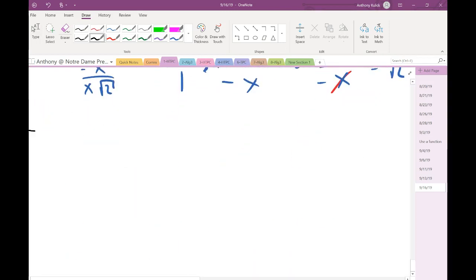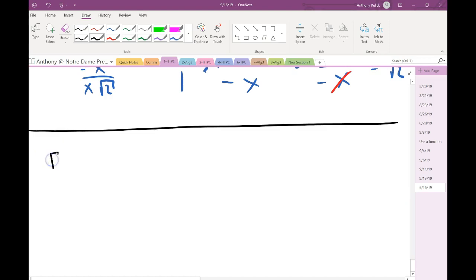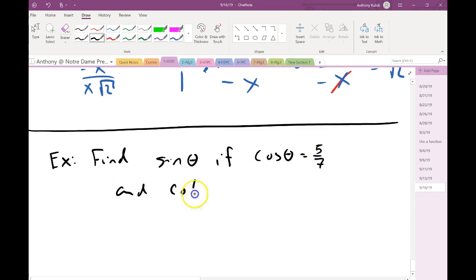So, what if I ask you to find the value of sine theta, if cosine theta is 5/7, but cotangent theta is negative.